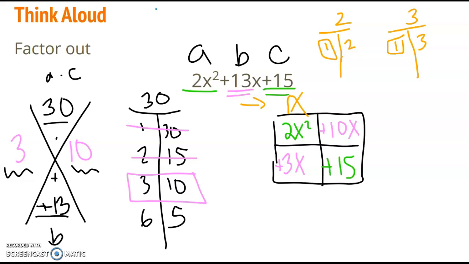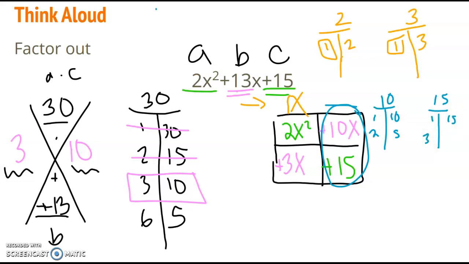Now I want to follow up and find my second term. In order to do that, I want to know what a positive 10 and a 15 have in common. So what is their greatest common factor? So I want to factor out 10 and I want to factor out 15. So numbers that multiply to give me those numbers. I know 1 times 10 will give me 10. 2 times 5 will give me 10. And that is it. Now I want to factor out 15. I know 1 times 15.